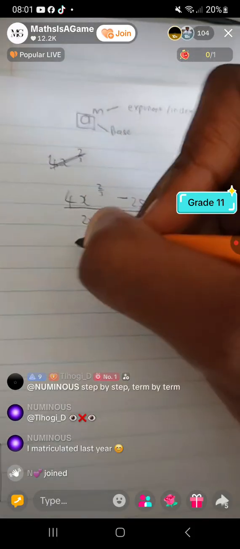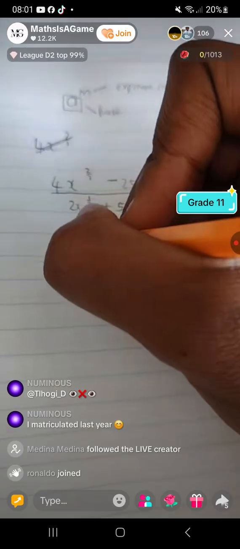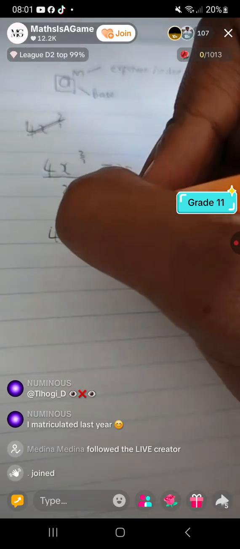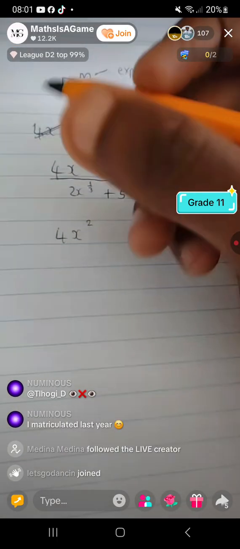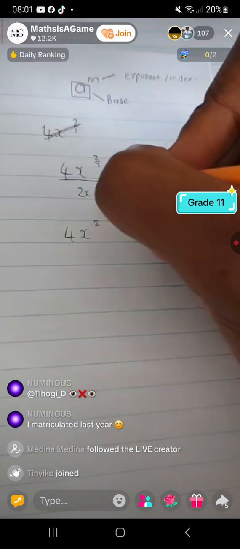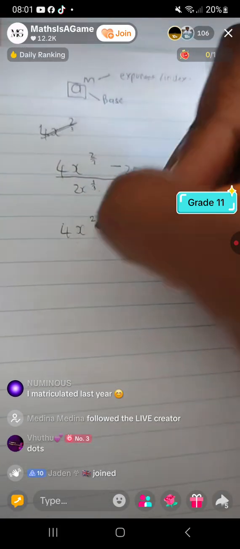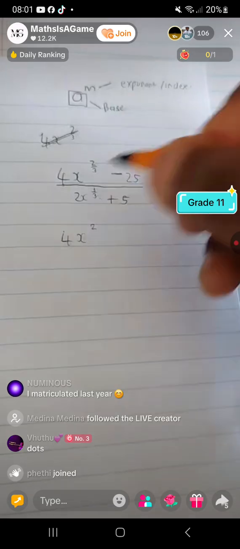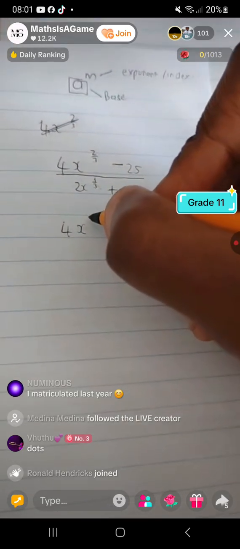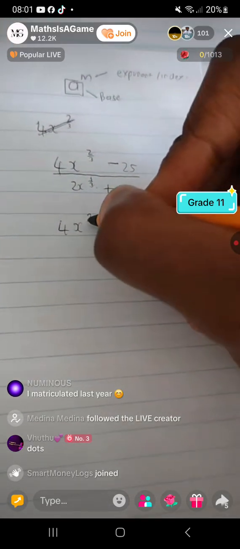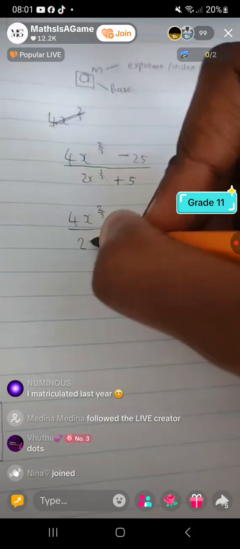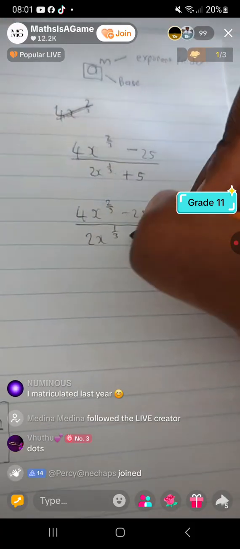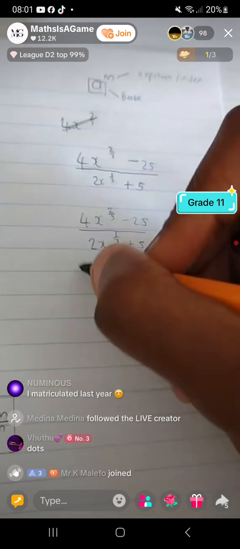Now, if you have eyes to see, you will have seen that it is 2 over 3, 1 over 3, 2 times the other one. Thank you, Vutu. Difference of 2 squares.